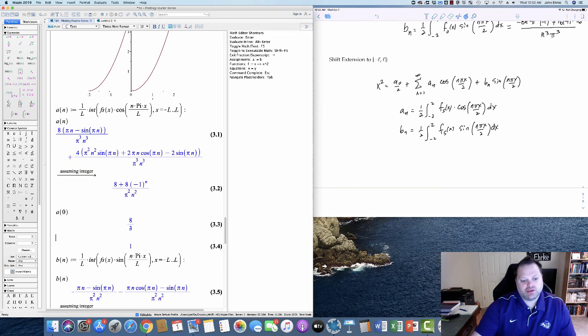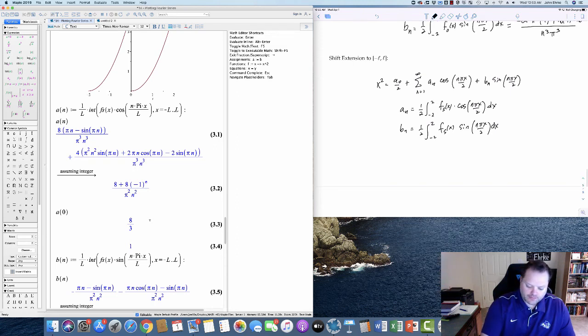This value is the average value of the function x squared on the interval from 0 to 2. So 8/3 out in front, so a naught turns out to be 8/3, and all of the rest of the coefficients for cosine terms turn out to be this.